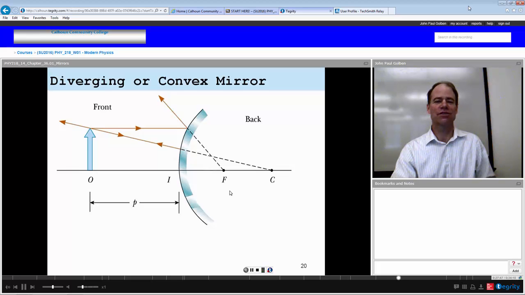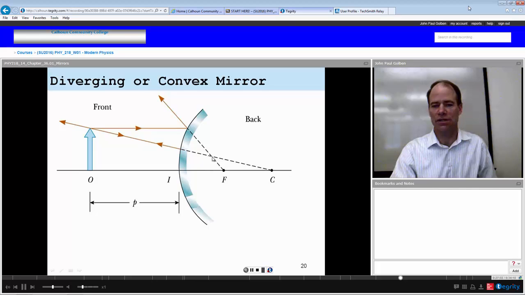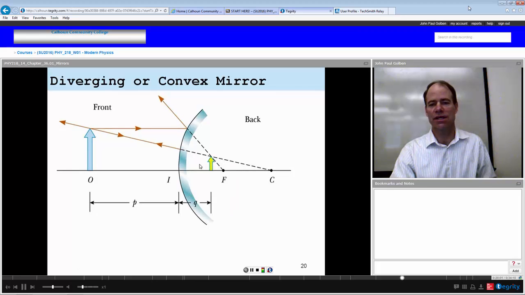If we put these two rays together and we were outside looking at this, we would see that they both appear to converge from a point where these two rays intersect. So this object, this real object, has a virtual image located at this point. The image is behind the convex mirror in this case.